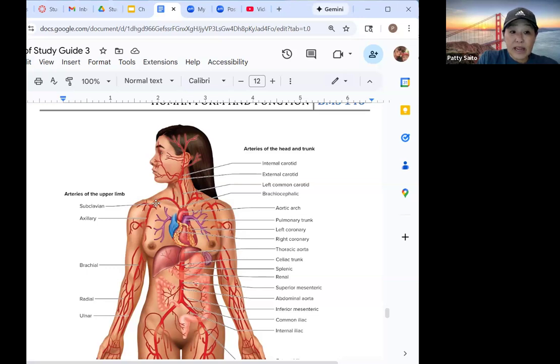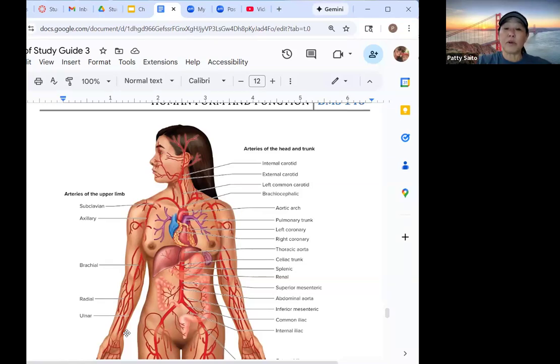The right subclavian comes under the clavicle, into the armpit, the axillary, down the brachial artery. It's going to split into the radial artery and the ulnar artery. Okay, now from those, there's lots of little branches that come off of those. All right, because again, it's got to supply every cell in the body.